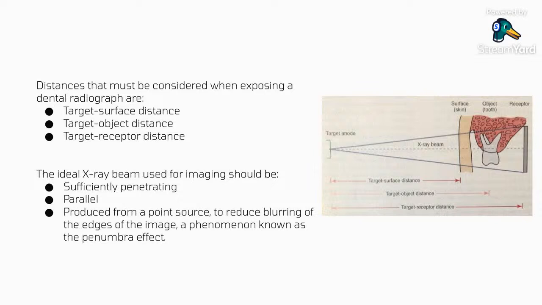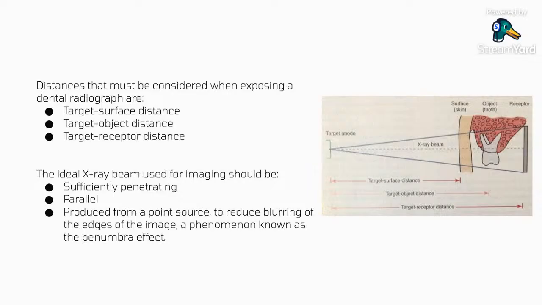And we don't want it diverging because we want to prevent the magnification of an image, okay. All right. Then, lastly, it is produced from a point source to reduce the blurring of the edges of the image. This is a phenomenon known as penumbra effect.